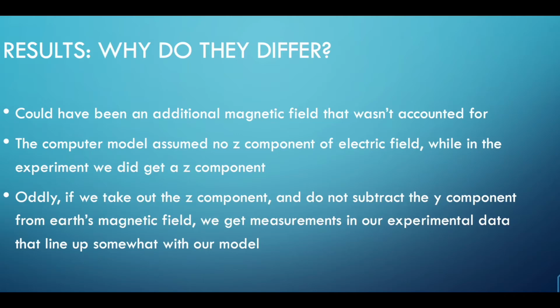One being that there was an additional magnetic field that wasn't accounted for in the experiment that was disrupting our sensor. Another potential cause is that the computer model assumed no z component of the magnetic field, while in our experiment we did get a z component that contributed to the total magnetic field.